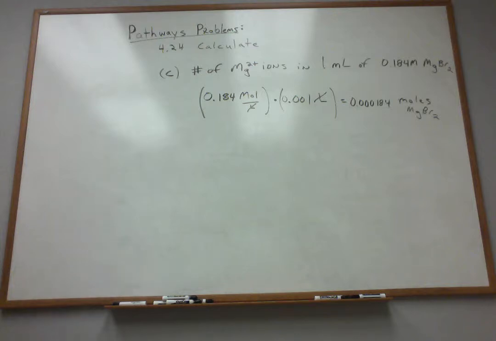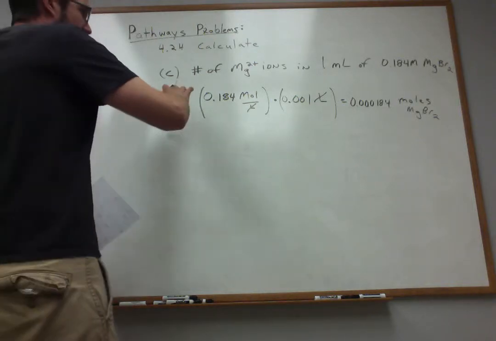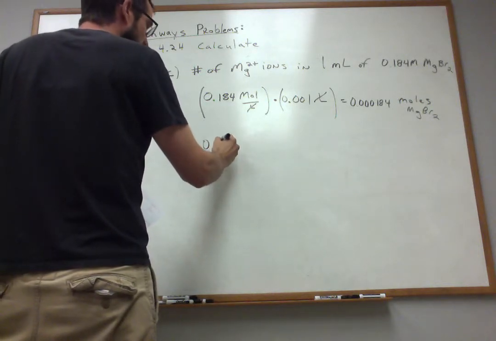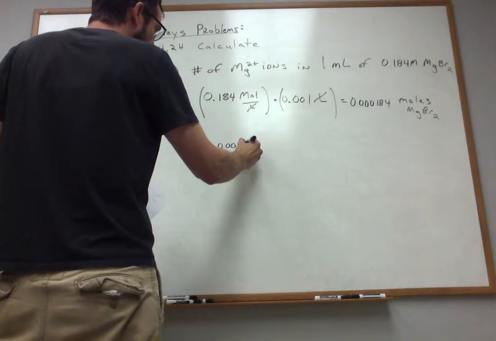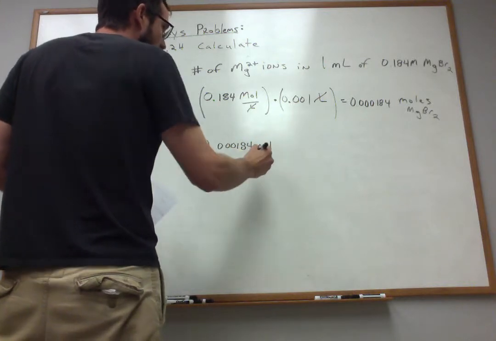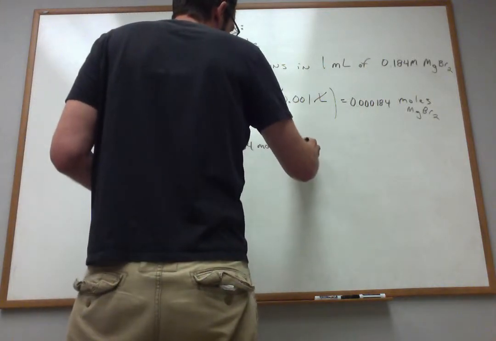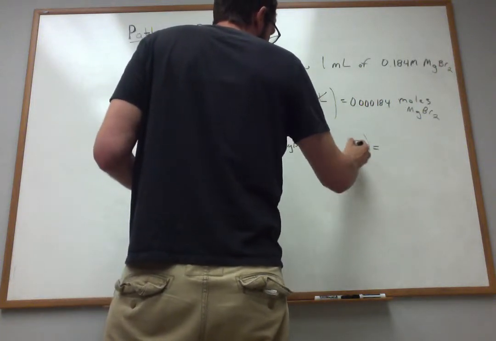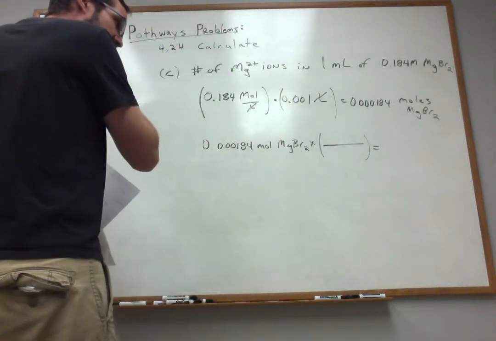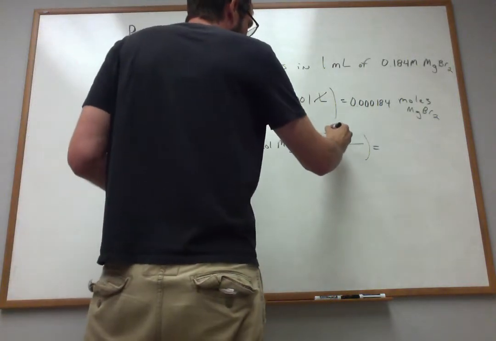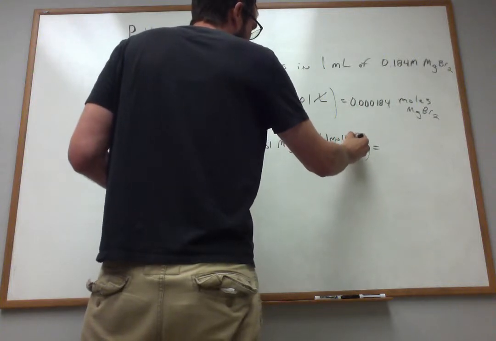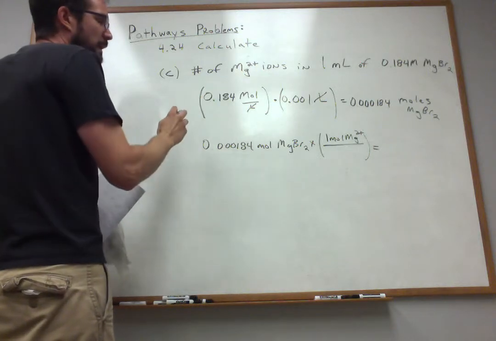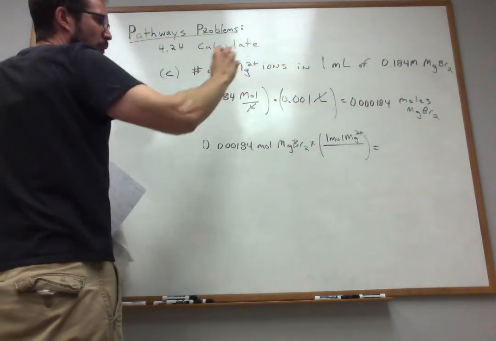Now, I don't necessarily want to know about magnesium bromide. I'm only asked about magnesium here. So how do I deal with that? Well, I know I have this many moles of the magnesium bromide. Can I convert to moles of magnesium? I think I can. The way that I do that is I look at the formula for that compound, MgBr2.